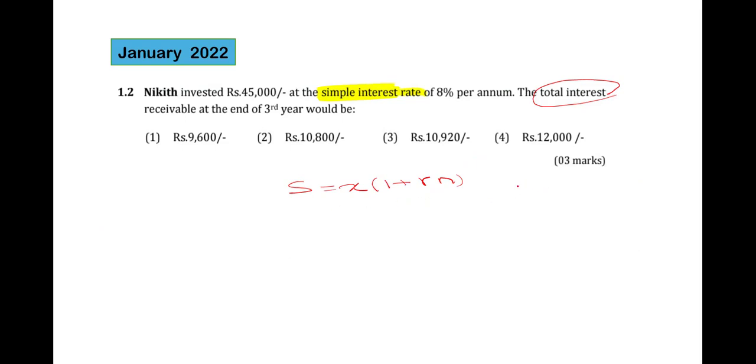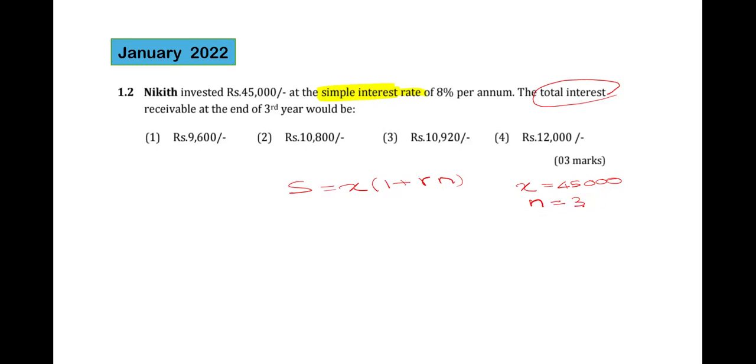Now, S means total value. Then X means initial value, initial amount, which we call the principal. It is 45,000. Principal means the initial amount. He invests, deposits 45,000. Then N is the number of years, 3.